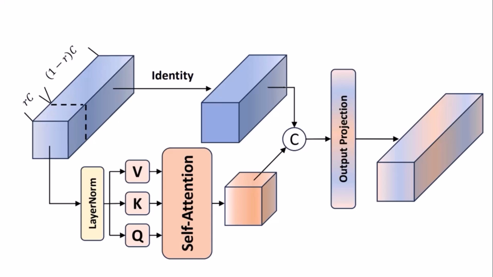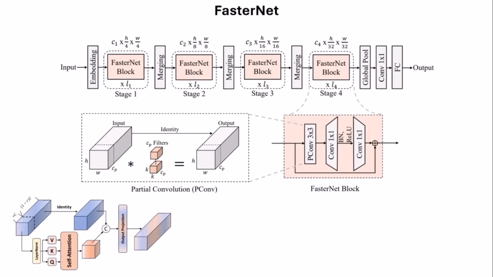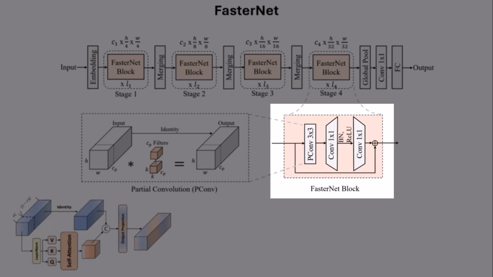They didn't really explain why, but I believe that they came up with this idea after reading the FasterNet paper from CVPR 2023, which actually does the exact same thing, but instead of using self-attention, it uses convolution. So you see the FasterNet block here, which is a MetaFormer block that replaces multi-head self-attention with PConv.